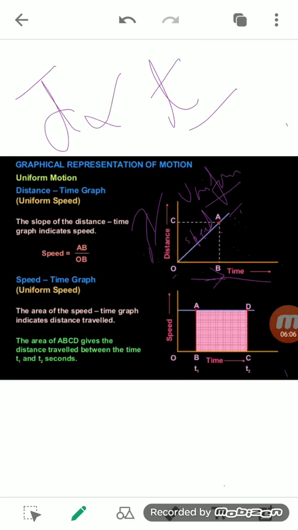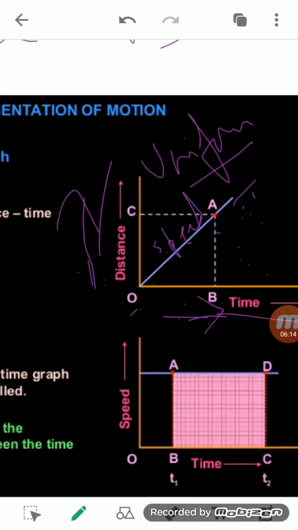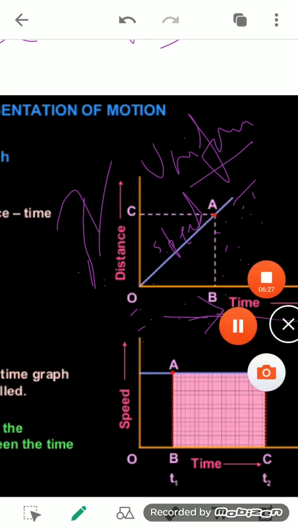To find the speed from the distance time graph of the body, we take any point A on the straight line graph, and drop a perpendicular line to OB, that is, on the time axis.